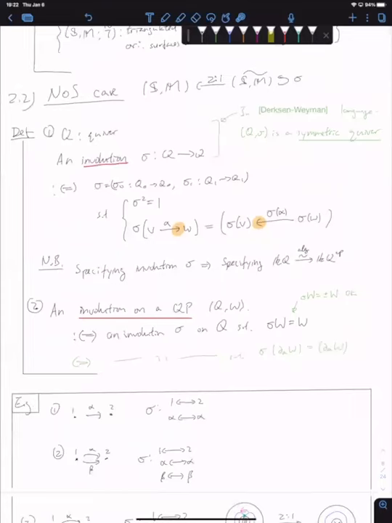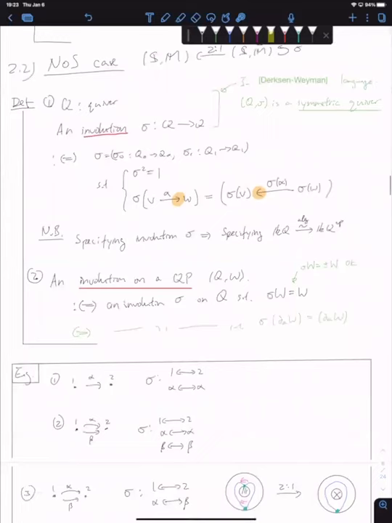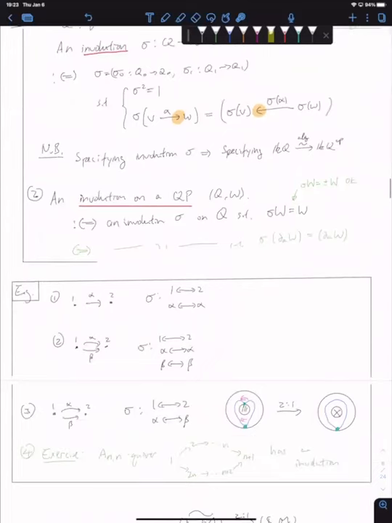I can extend this notion to QPs as well by saying that an involution on a QP is an involution on Q such that it fixes the potential.